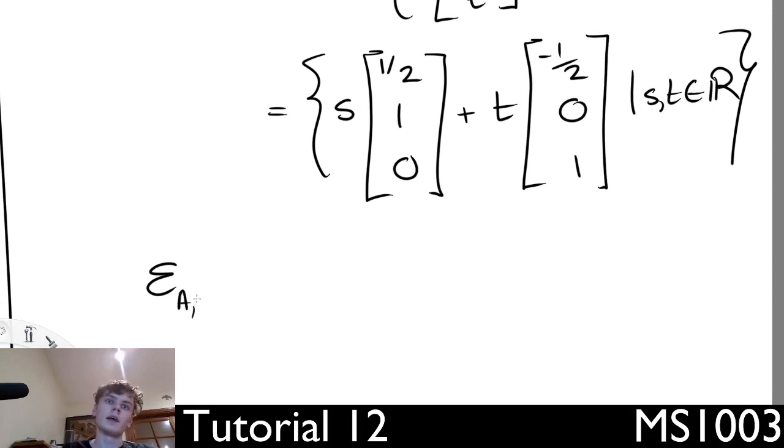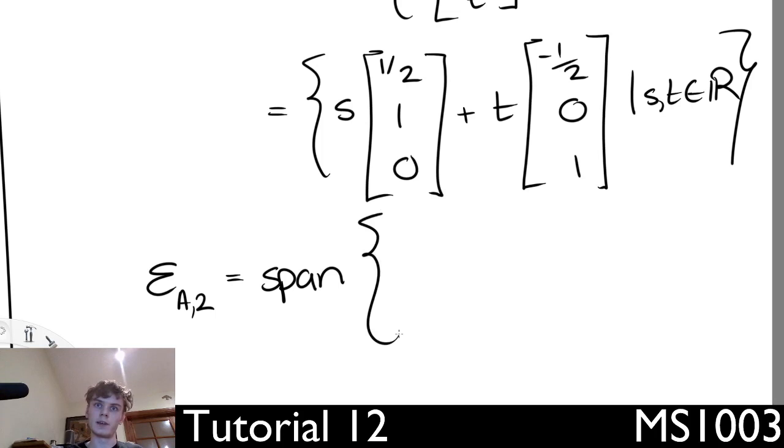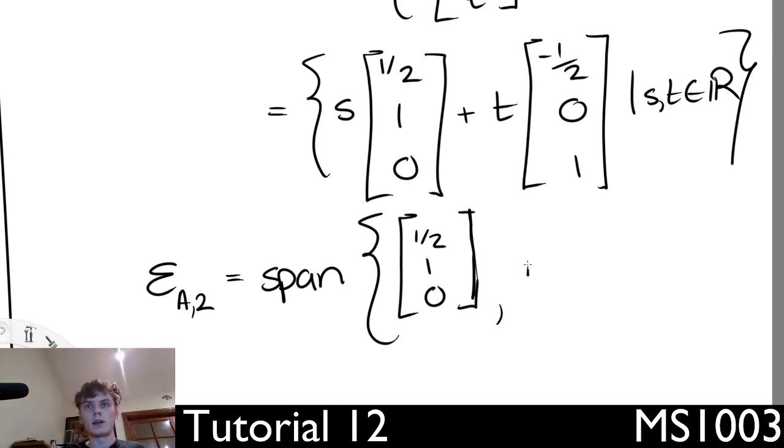The eigenspace E_A(lambda 2) is going to be literally this. Right, you just write it again. Or I should have done before, you can write it as a span of 2 vectors. Span of my first vector, my second vector.